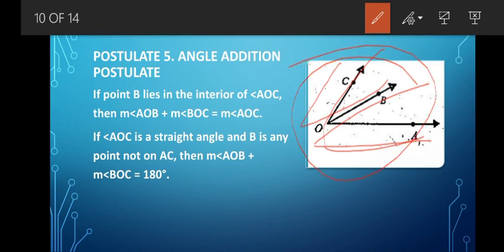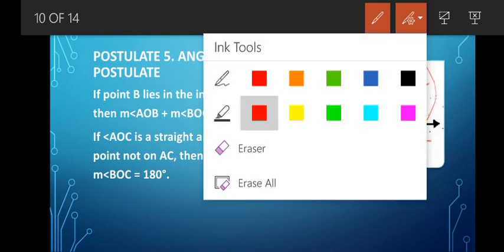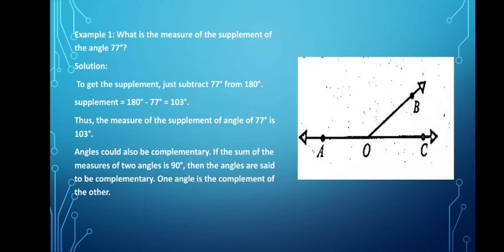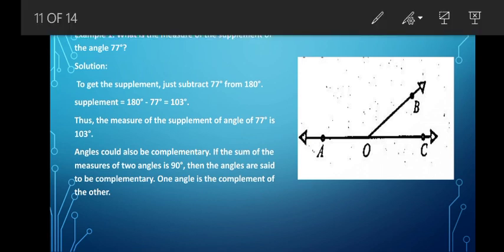So therefore, complementary angles. So another example, what is the measure of the supplement of the angle 77 degrees? Dito ang tinatanong is the supplement of the angle 77. Therefore, this is the 77 degrees. So ang tinatanong niya is yung supplement niya, this one. So this is the unknown. How to solve?